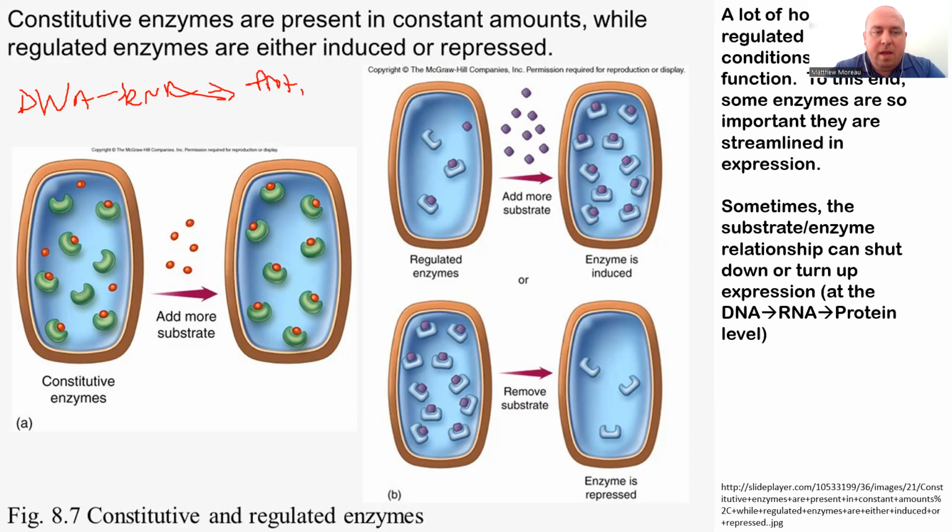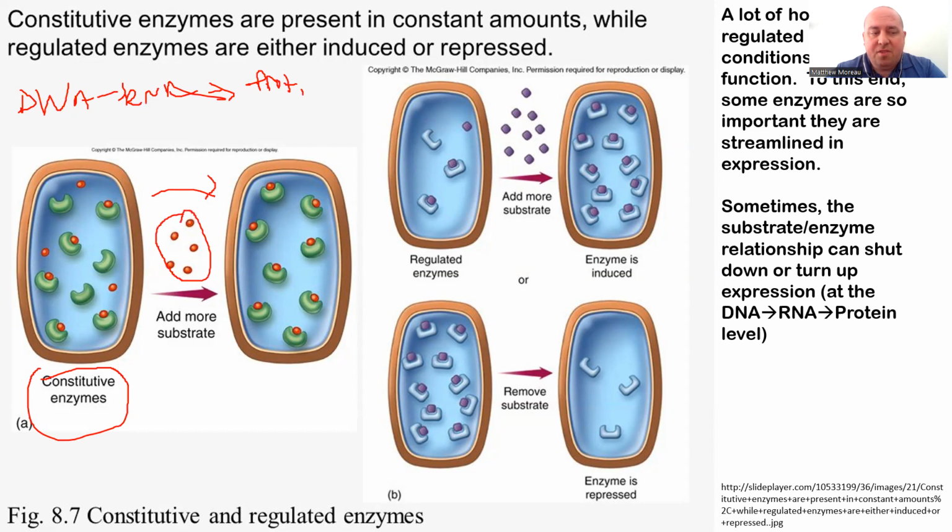And in this case, right, we're talking about expression and function. And so the two basic expressive profiles that enzymes have, and that most proteins have, are either those that are constitutive, which means that these enzymes are produced at a constant rate. So you don't have any change in the number of enzymes that you produce, irrespective of how much substrate you have.